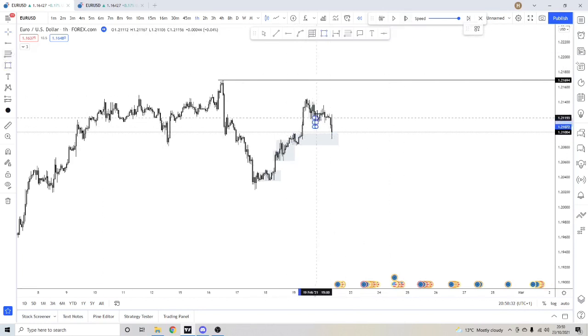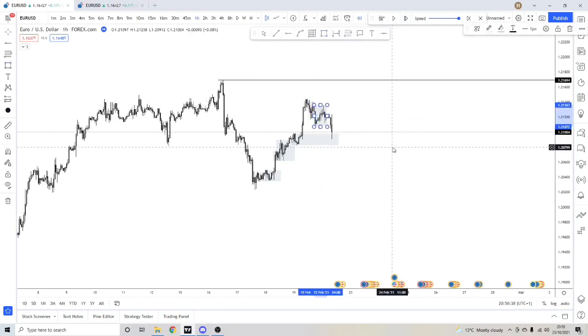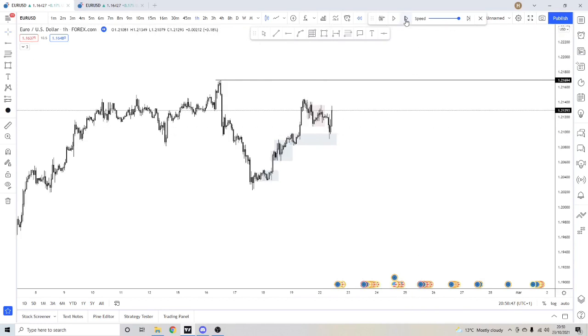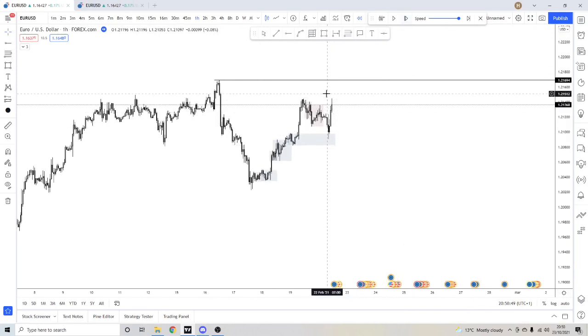Sorry, these are our supply ranges now. Now we're selling back into our most recent range, and what happens? Price initiates higher.